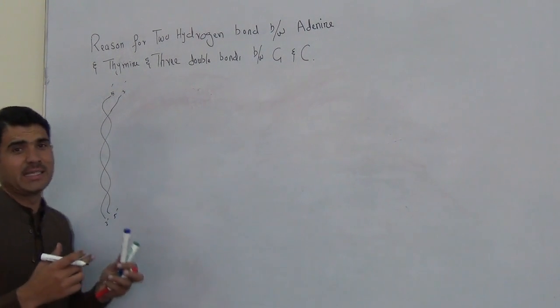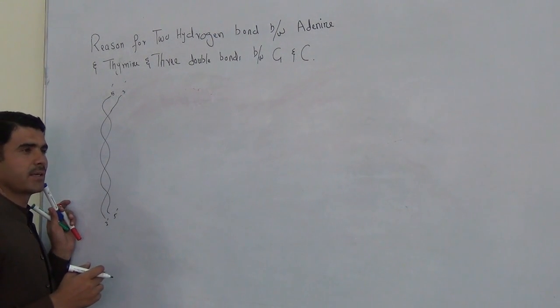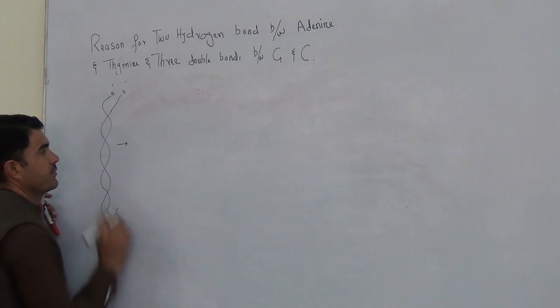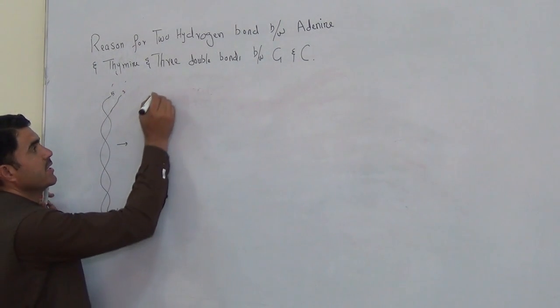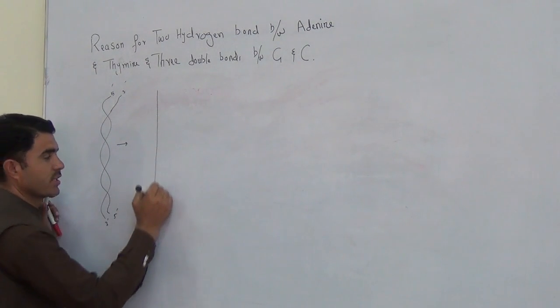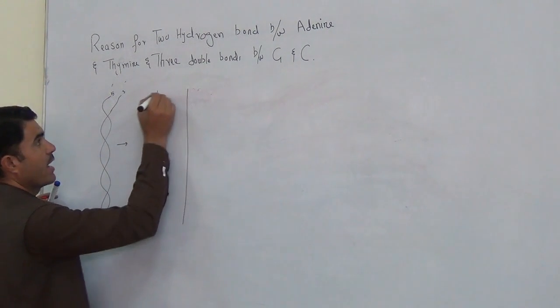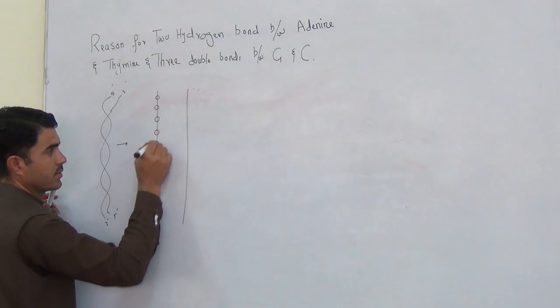Every student, when they see such a diagram, comes to know this is DNA, right? Okay, but if we go into detail, DNA consists of two strands. We just got this, right? DNA consists of two strands. Every strand consists of smaller units, right?